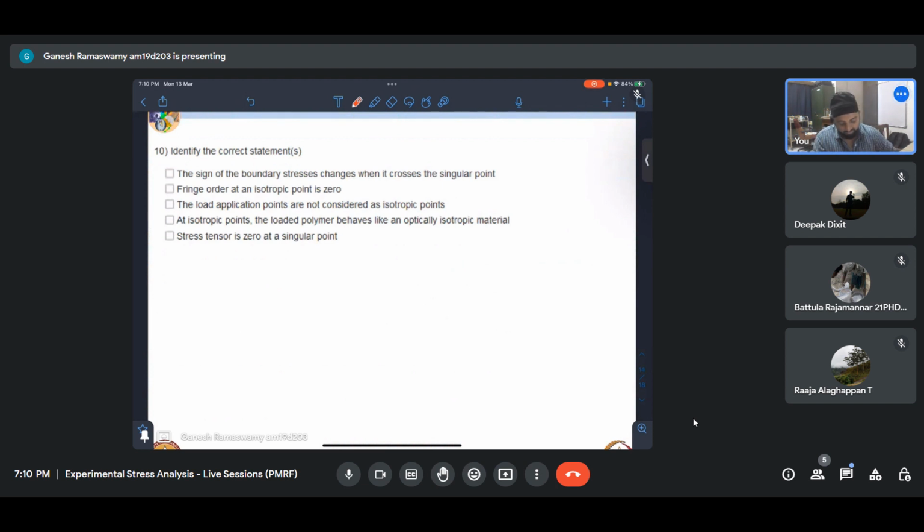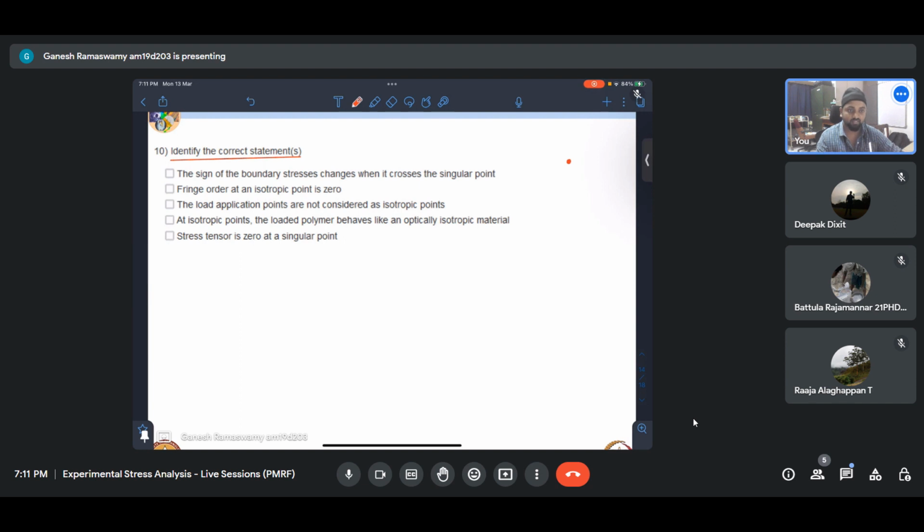Identify the correct statements. The sign of the boundary stresses changes when it crosses a singular point. Yes, because we will be seeing that even from a problem of a ring that has been shown in the lecture, we generally see that around a singular point, between two singular points or between a singular point and an isotropic point, when we rotate the crossed polarizer analyzer combination, the direction in which the isoclinics rotate gets reversed.